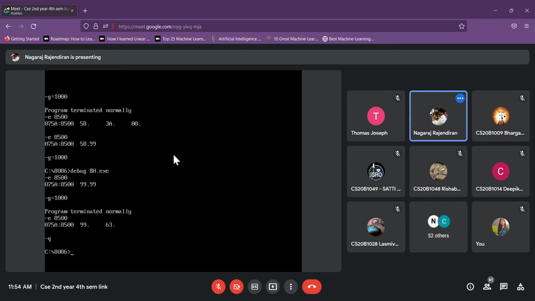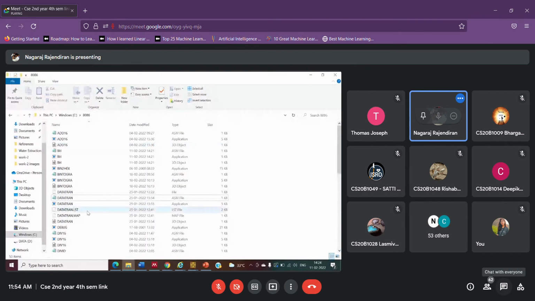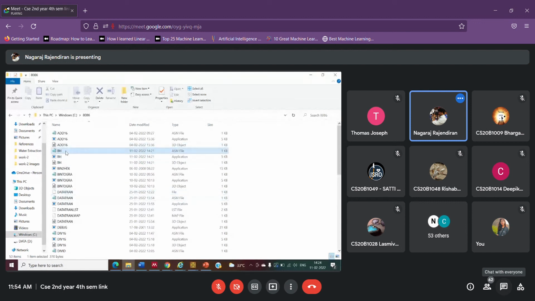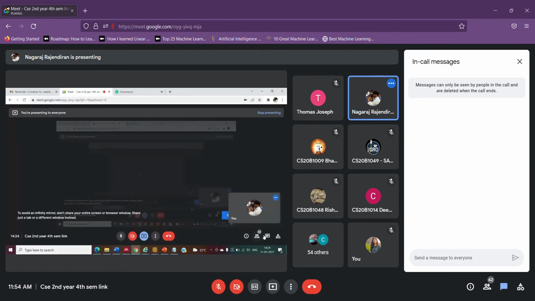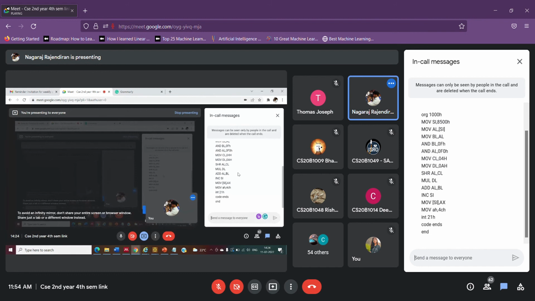Use that one. I shared the code, please use that. This is a program for converting an 8-bit decimal number to the corresponding hexadecimal number.